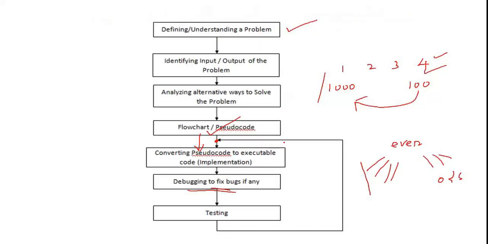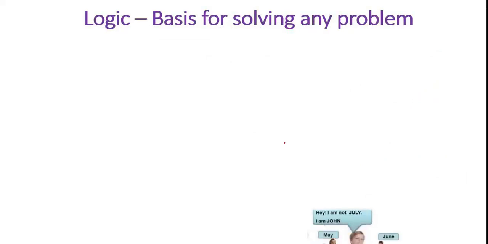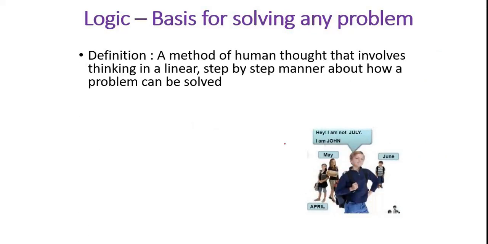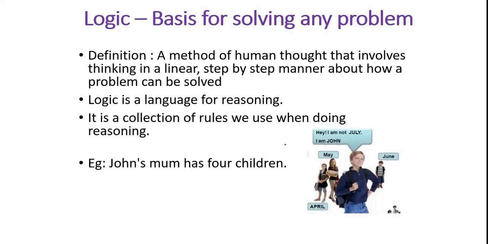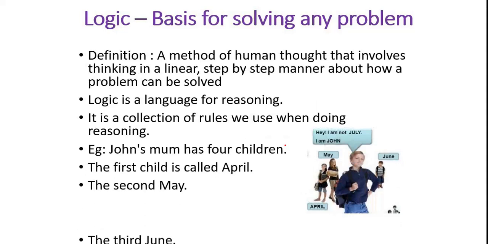Then logic. This is very important for problem solving. For each and every task I give, first of all you should know what logic you have to use to solve the problem. A very simple, very old example: John's mother has 4 children.